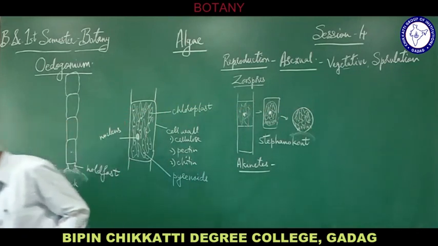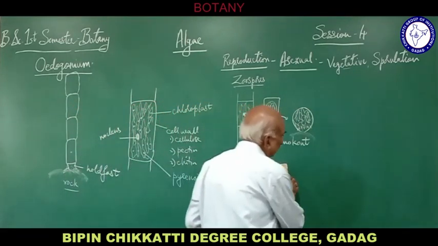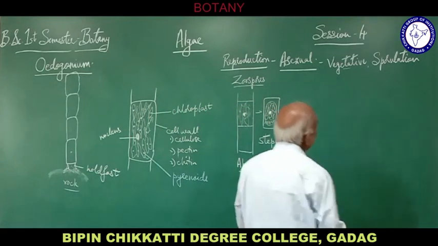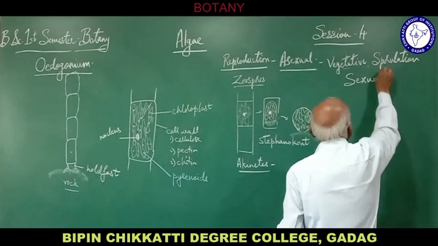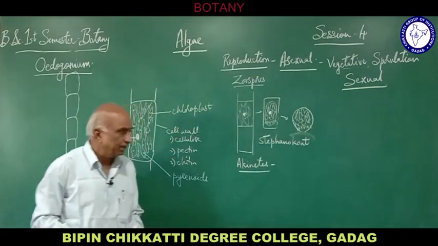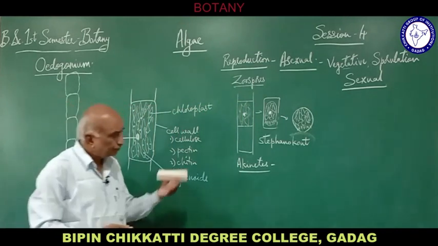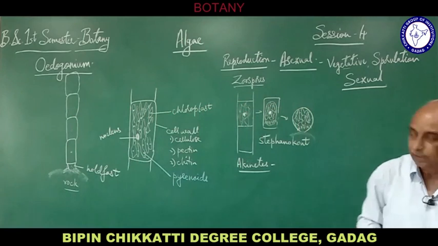Then if you come to the sexual reproduction of Oedogonium, when we say there is sexual reproduction, definitely there is the presence of male and female reproductive organs.